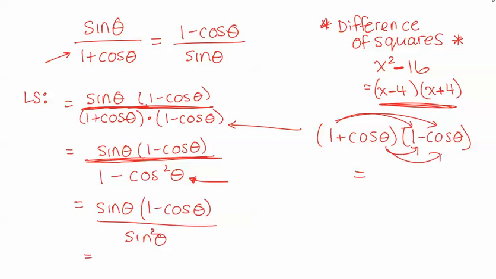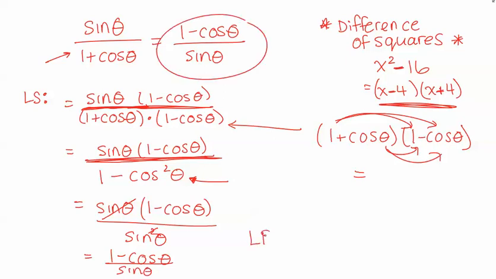So if we were to cancel out a sine squared, one of the sines with one of these, we just end up with 1 minus cos theta over sine theta, which is our right side. So we just proved our left side is equal to our right side. And that's an example of how to do a couple of trig identities.